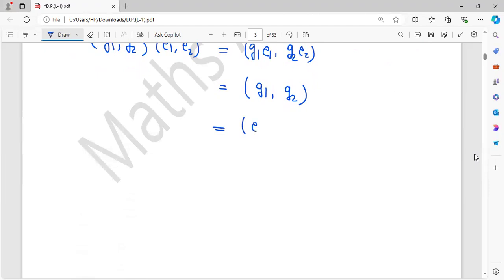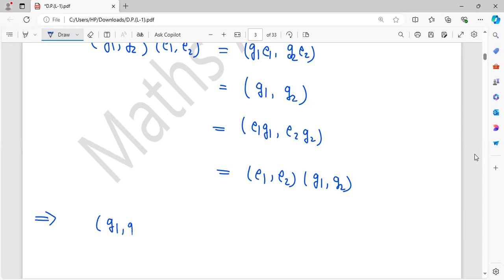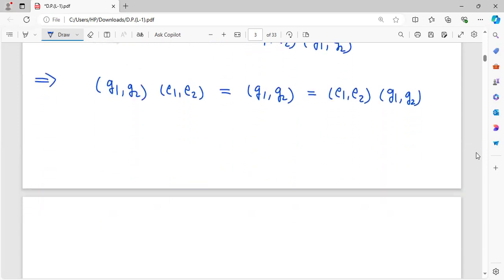So I can write it (e1 g1, e2 g2). So again, this is (e1, e2)(g1, g2). So what we have? We have (g1, g2)(e1, e2) is equal to (e1, e2)(g1, g2), for all (g1, g2) belongs to G1 cross G2.